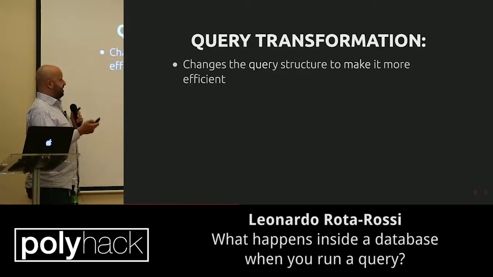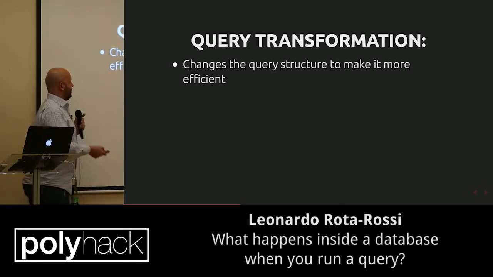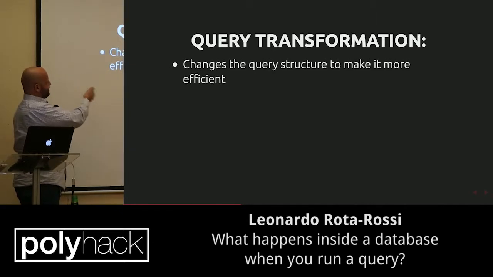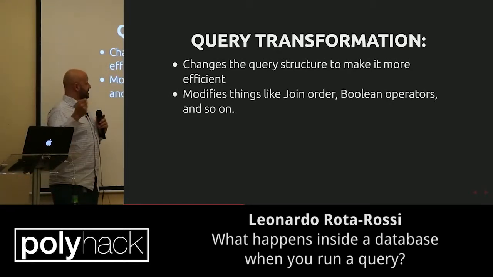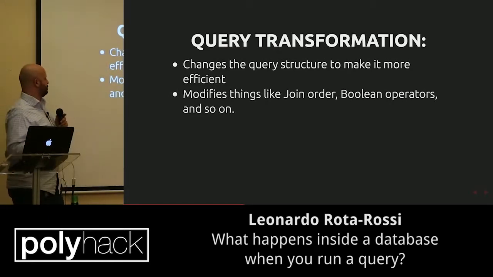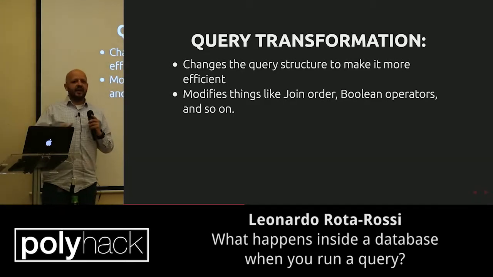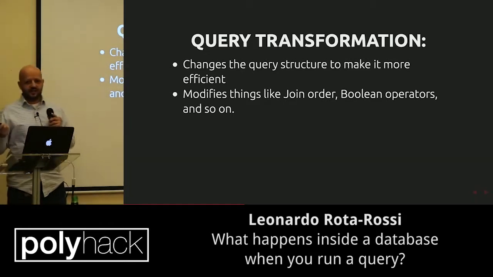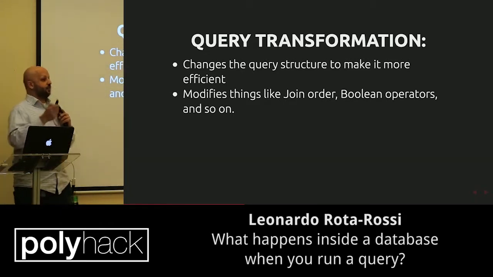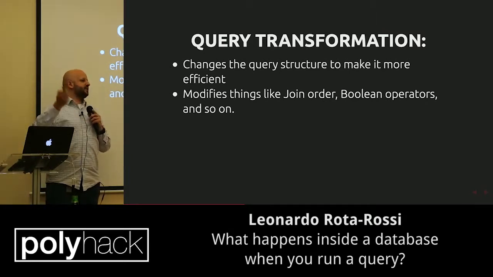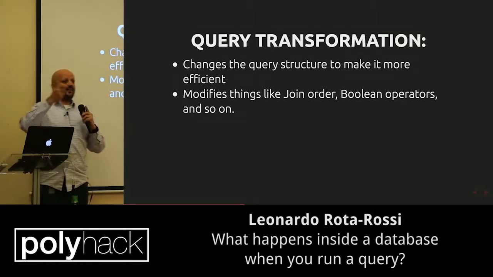So just a few details about query transformations. As I said before, the optimizer changes the query structure to make it more efficient. It modifies things like join order, Boolean operators, and so on. Sometimes you write a bunch of ORs, and the database, to make it more efficient, transforms it to an AND, or even the opposite.